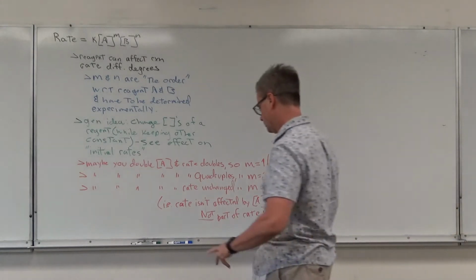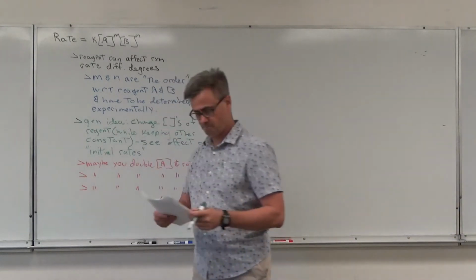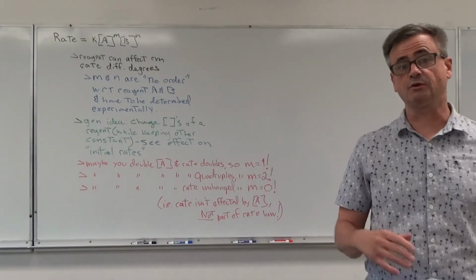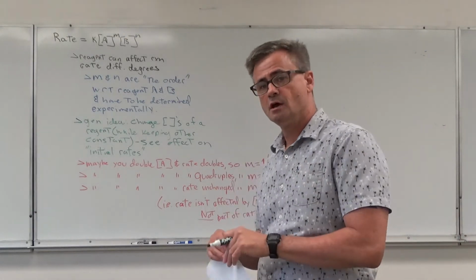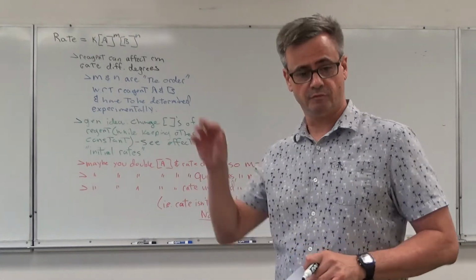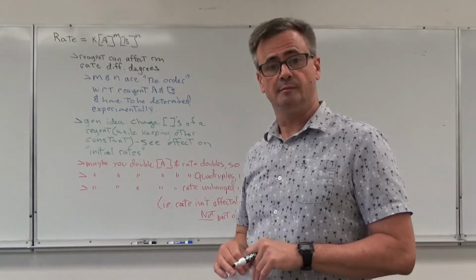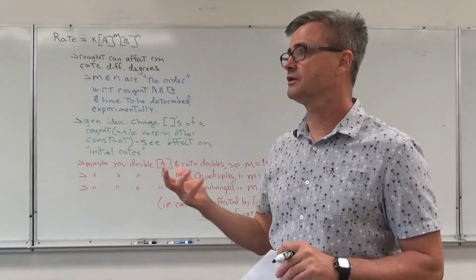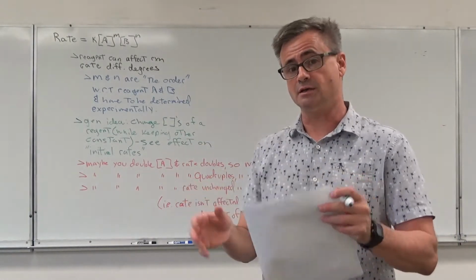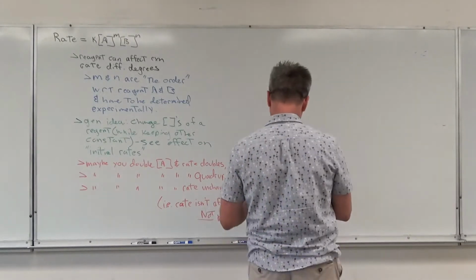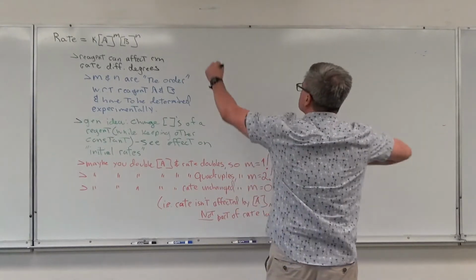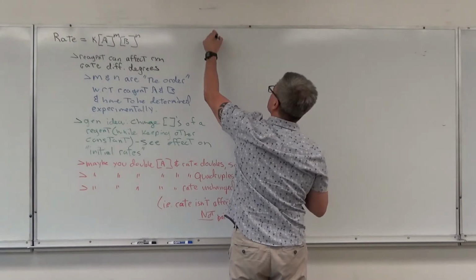Let's look at an example real quick. I'm going to stick with A and B, not actual reagents. We'll discuss our reaction today of potassium iodide and hydrogen peroxide in a second. But for now, I'm going to give you some actual values to hopefully make this a little bit more clear. Let's call this experiment 1.